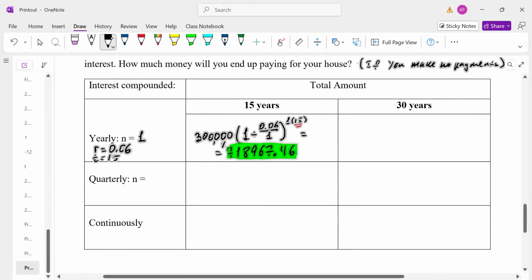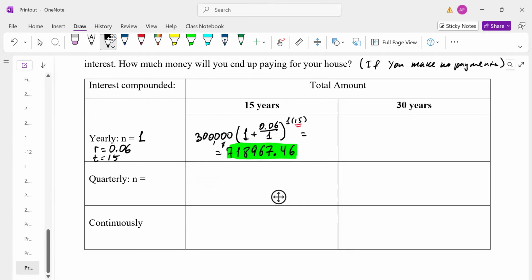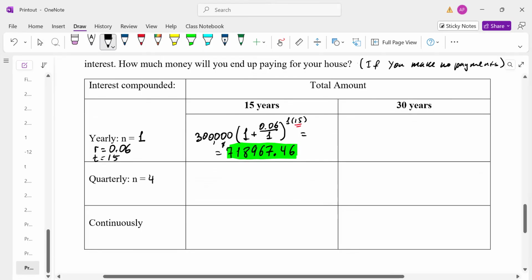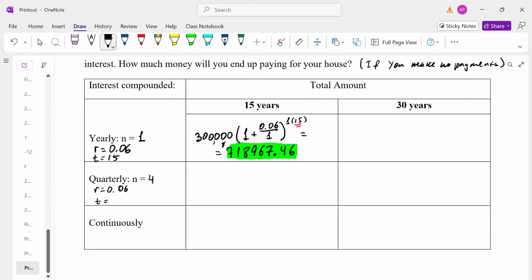What happens then? For quarterly, it's the same idea, except now n is going to be equal to 4, but our r is still going to be 0.06, and our t is still going to be 15. So we'll have 300,000 times 1 plus 0.06, now divided by 4, and then the exponent is 4 times 15.